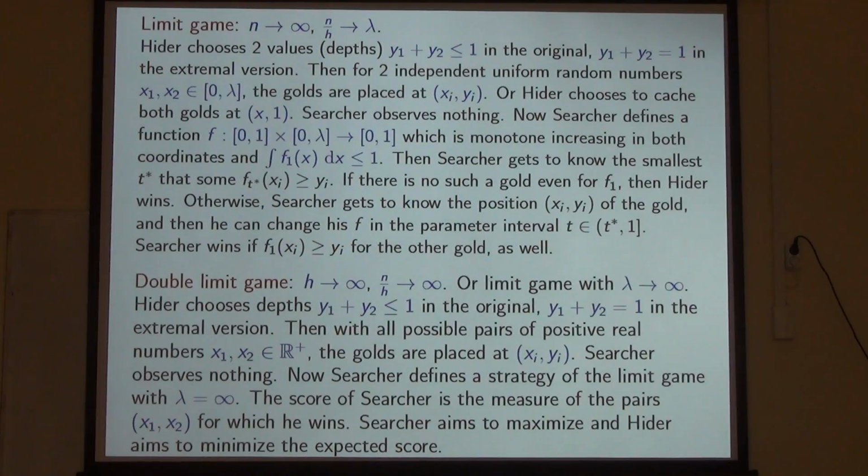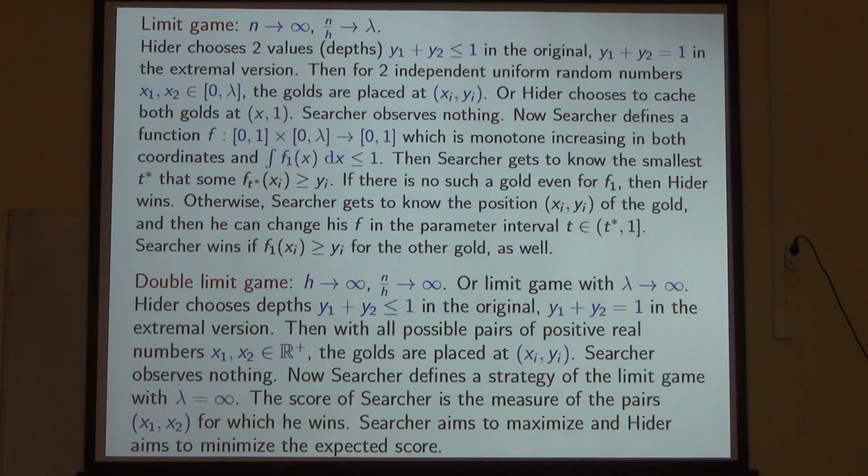And in order to define this problem, now of course if it tends to infinity, then the probability of finding both nuts tends to 0, but you can normalize it in such a way to get a meaningful problem.